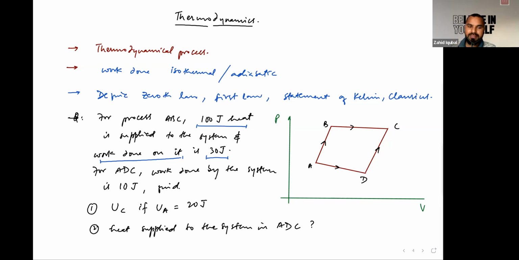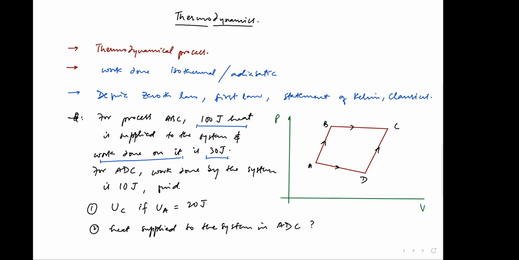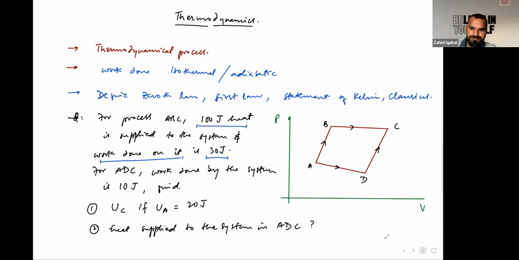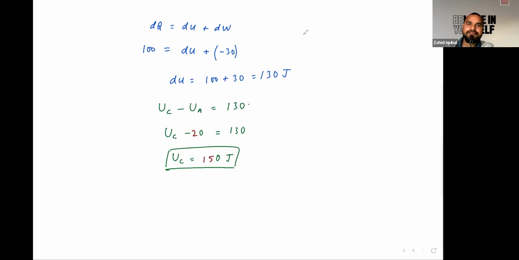Samira, got the answer for the second part? Yes, I got. Is it 30 joule? 30 joule. Okay, let me just solve. dQ is equal to dU plus dW. dQ we have to calculate. dU is the change in internal energy, and the change in internal energy for the first part we have 130.